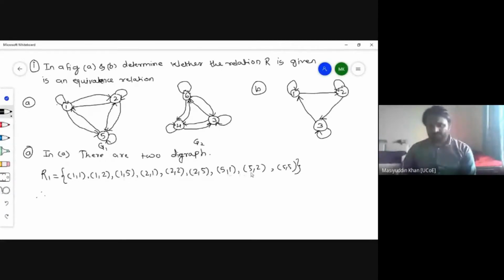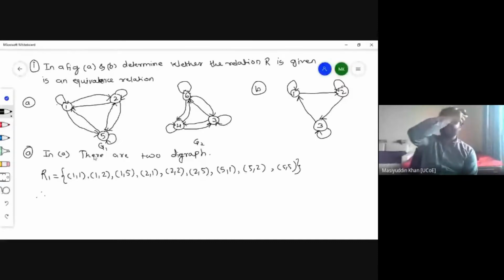And a transitive pair is also present here, because 1 to 2, 2 to 5, and 1 to 5. So by default a transitive pair is also present.